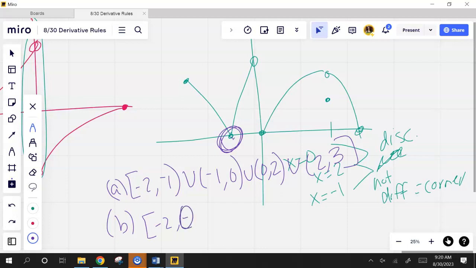Because this is a corner. Corners are continuous, but they're not differentiable. So B asked me, where is it continuous but not differentiable? So this is all continuous until I hit 0. 0 is not continuous, and then it keeps going until I hit 2. 2 is not, you see the difference?